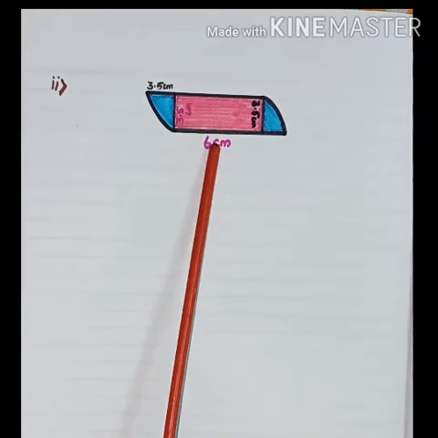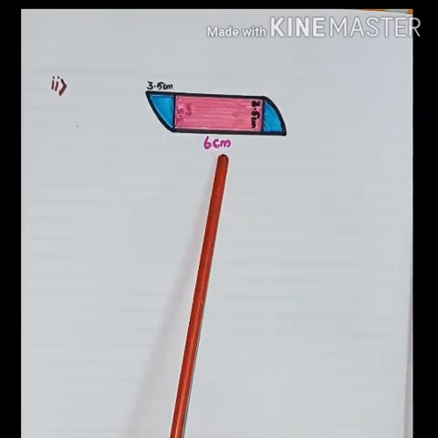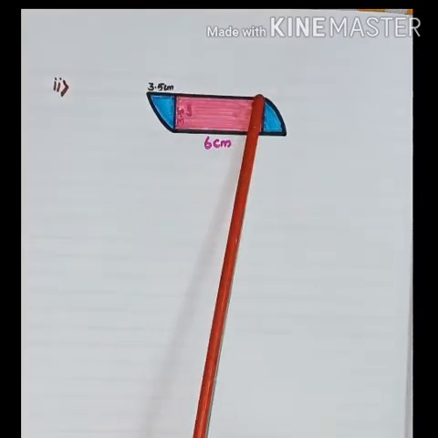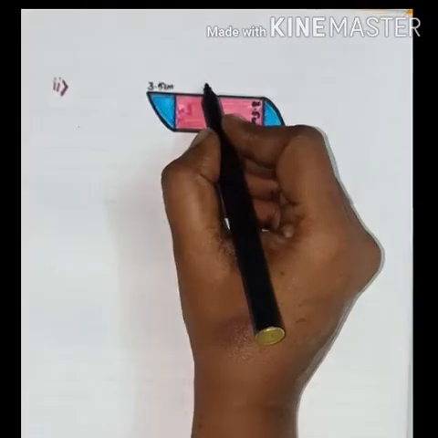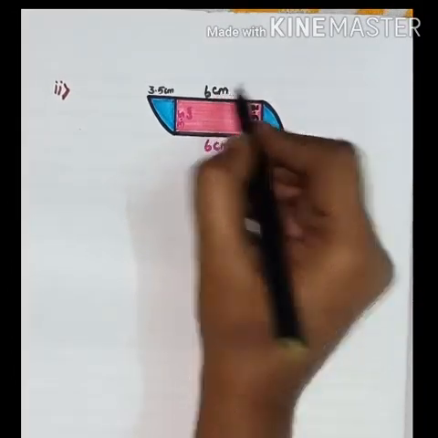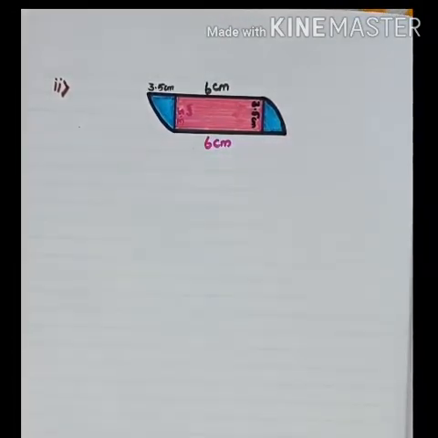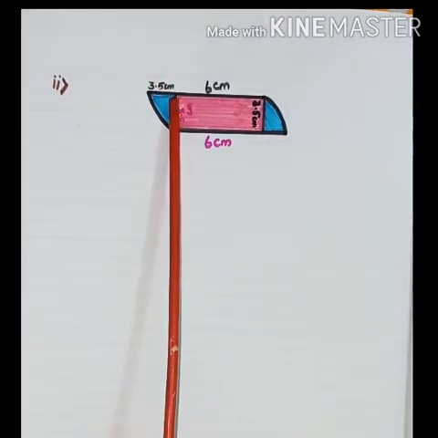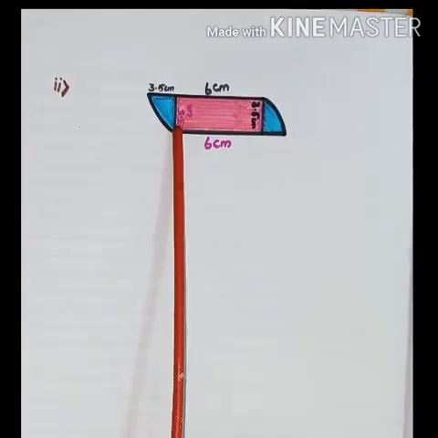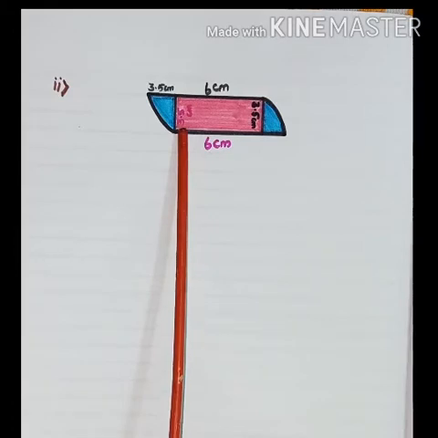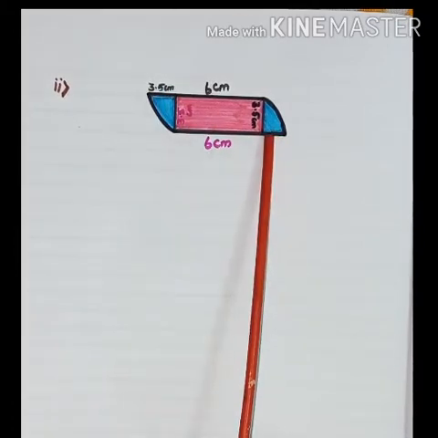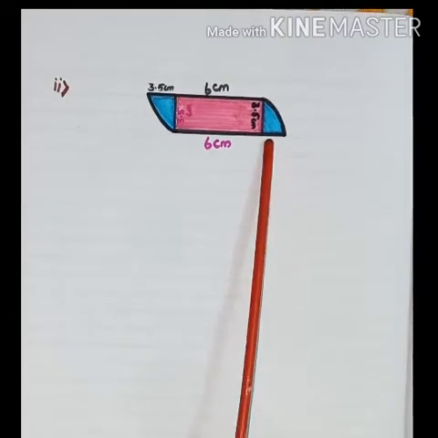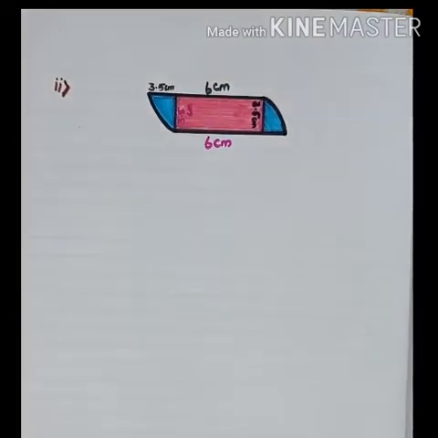In a rectangle, opposite sides are equal. Here it is given as 6 centimeter, so this part is also 6 centimeter. In this quadrant part, the radius is given as 3.5 centimeter. So this part and this part is nothing but 3.5 centimeter.